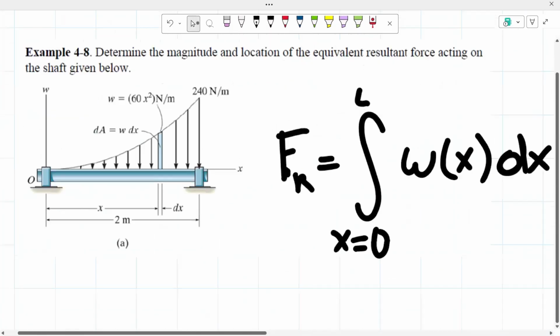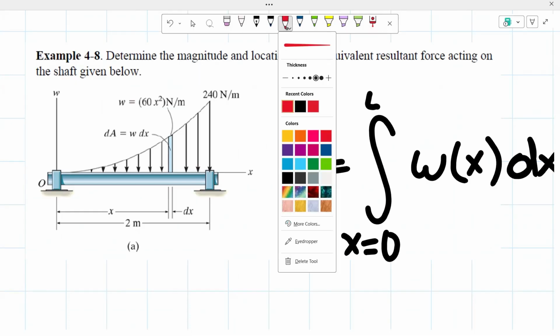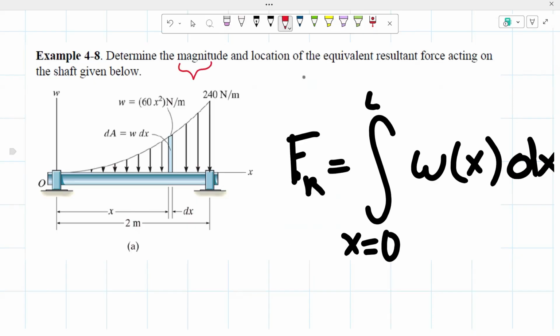Going back to the problem, it asked us to determine the magnitude. Remember, this is our magnitude, what we just solved for. And the location is basically our x.